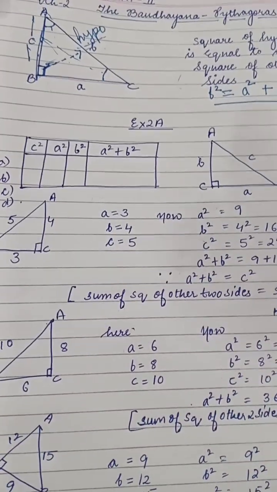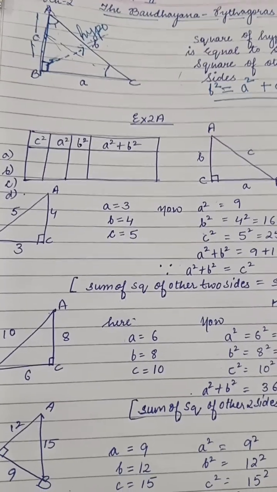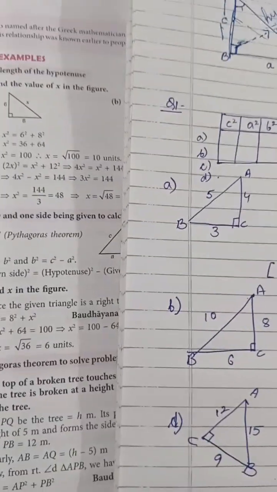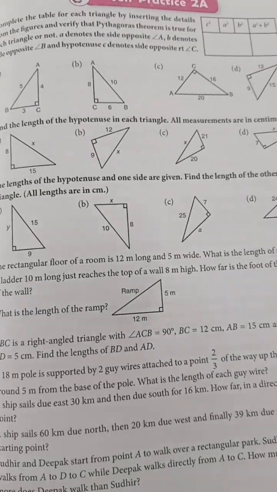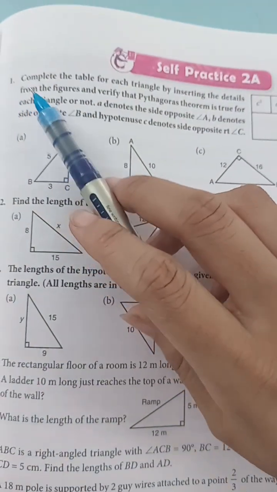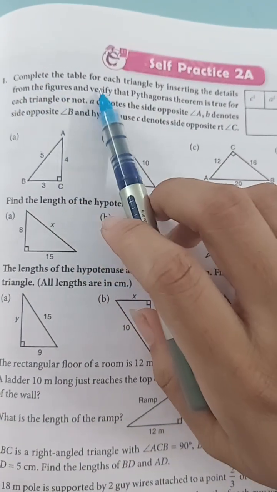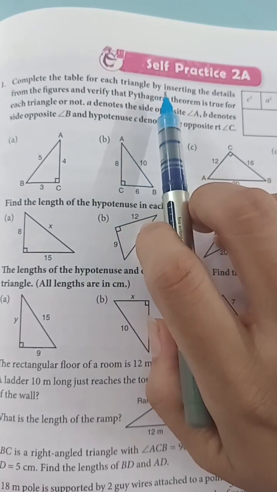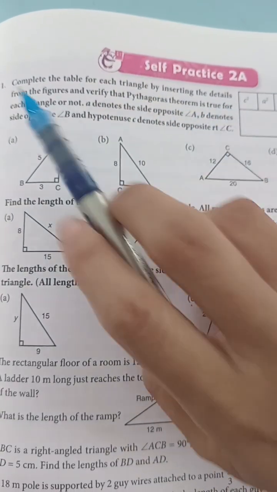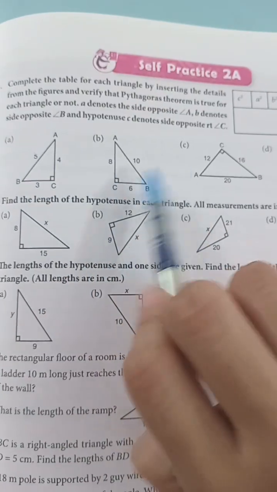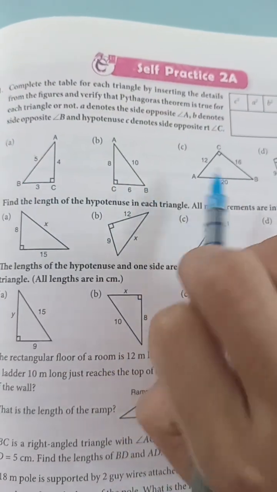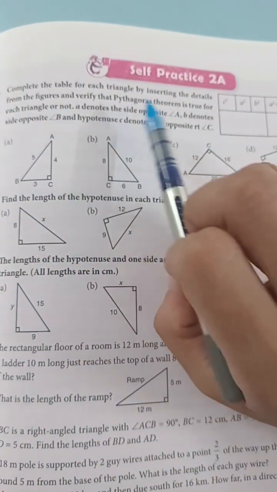Now come to exercise 2A, page number 257. Check question number 1. Complete the table for each triangle by inserting the details from the figure. The figures A, B, C and D are given, four parts of this question.